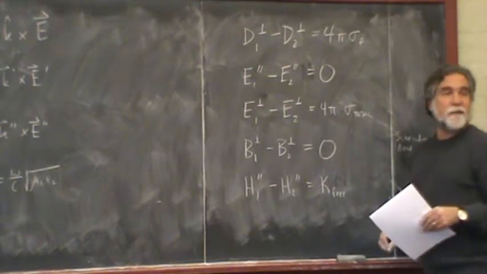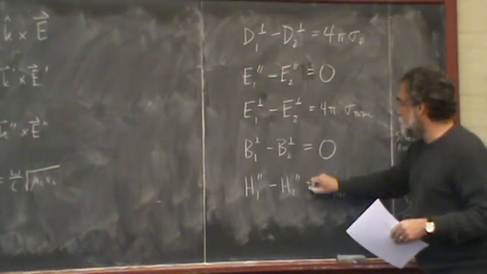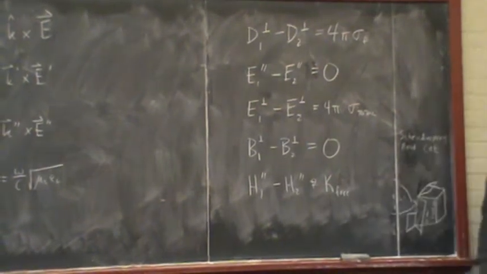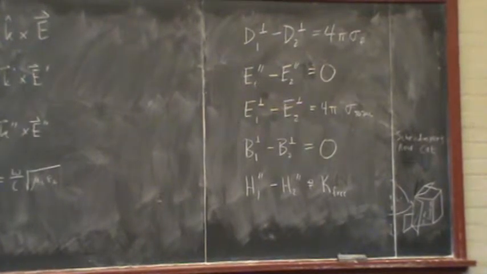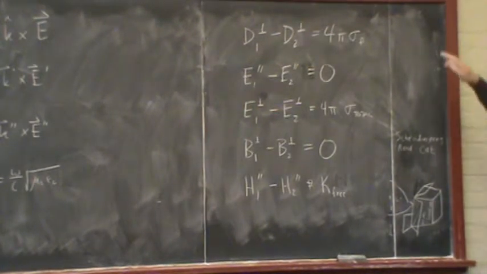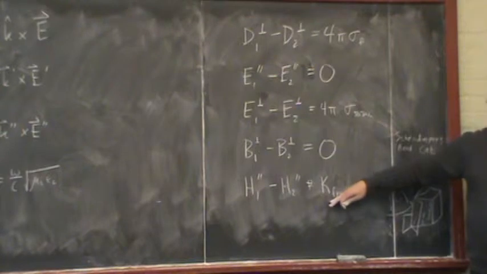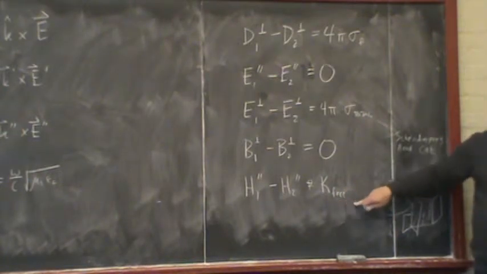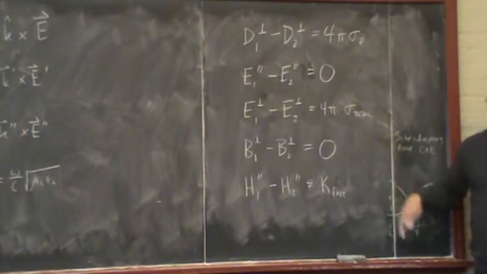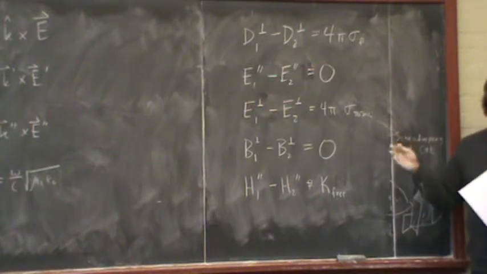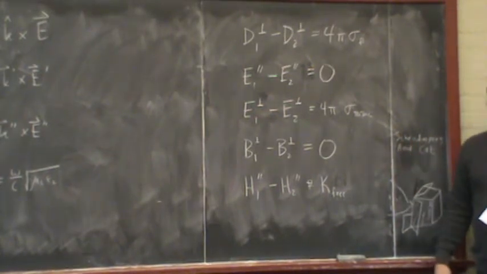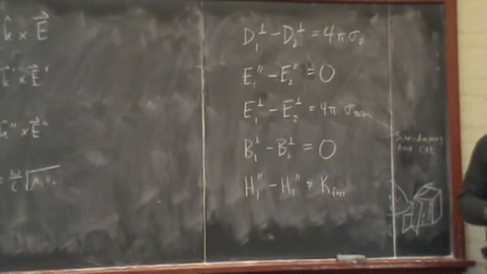I don't know whether there's a 4 pi there or not, so I'll label it with it. So those are our boundary conditions, and I have another one that I could write that includes the free and bound currents for B. So we have 4 boundary conditions, but 2 of them could be written in a slightly different form. Okay?